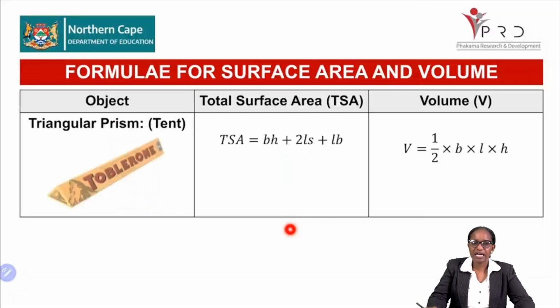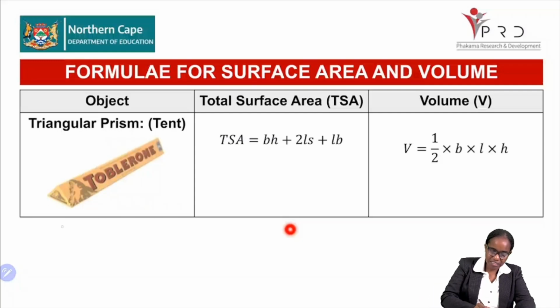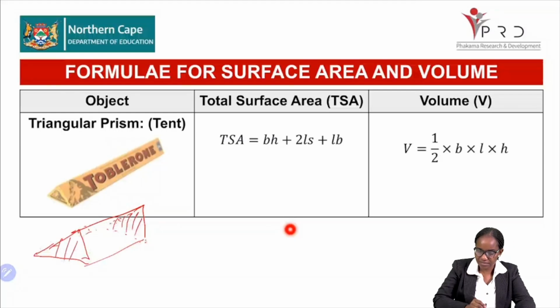What about a triangular prism? A triangular prism has 5 faces. As you can see, we have this face here that is triangular in nature, and this face has a twin, which is similar to it. So this twin and this one are triangles. And what is the area of a triangle?